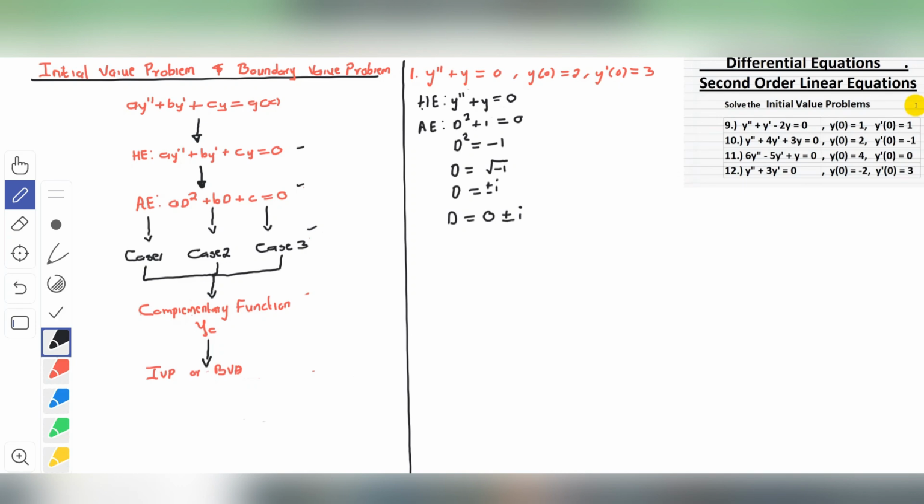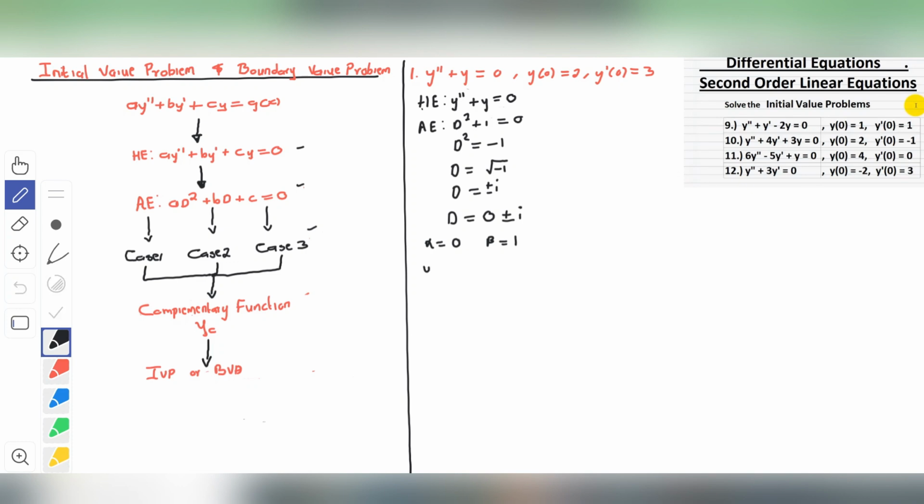Now we have found our auxiliary equation solutions, and we know that our alpha is equal to 0 and beta is equal to 1. Like I said in the first video, we don't care about the sign, we just take the number the way it is. So now we can see that we have case 3, if I'm not mistaken.